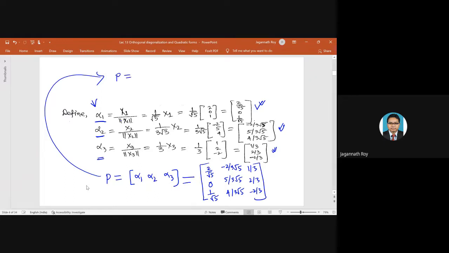If you do the P transpose, what you will get? So 2 root 5, 0, 1 by root 5.